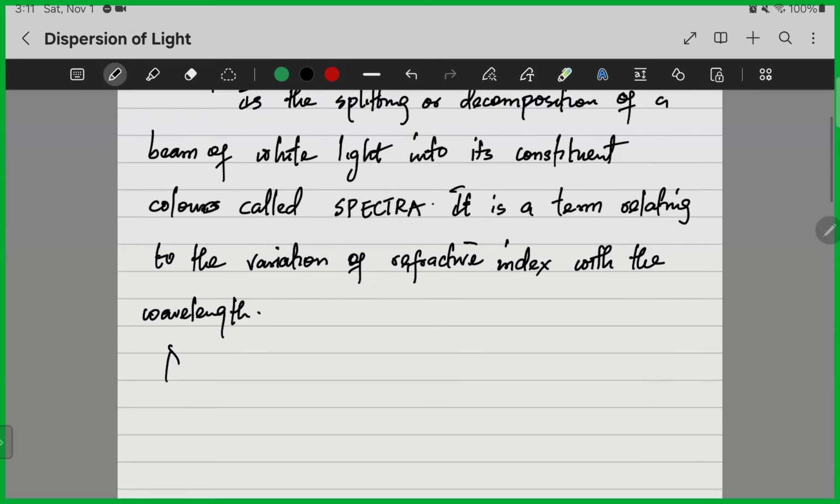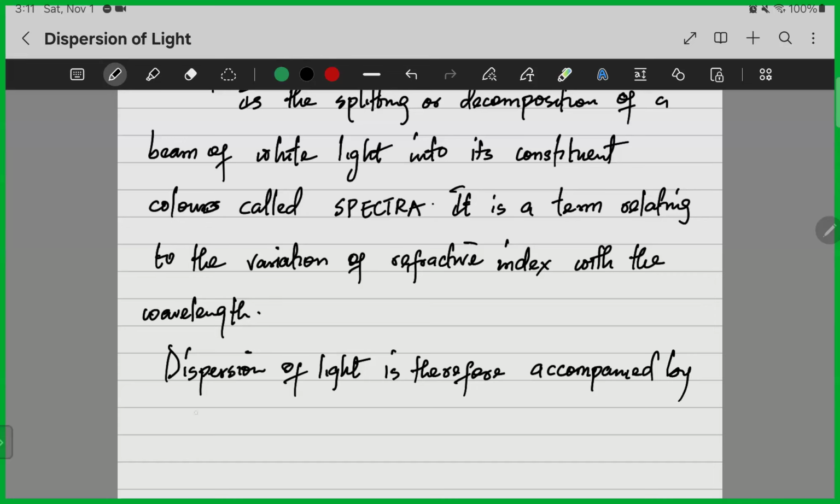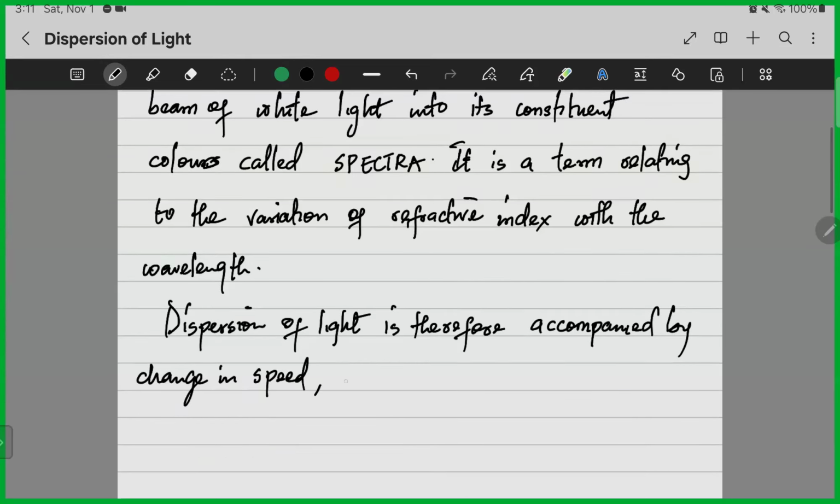So we can see dispersion of light is therefore accompanied by change in speed, colors, wavelength, and refractive indices.